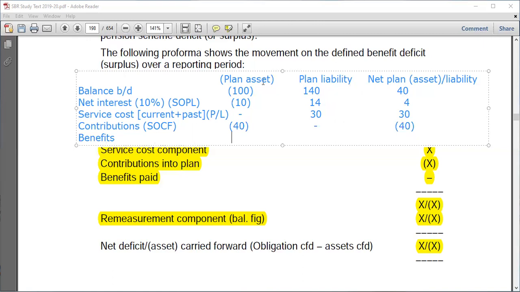Since the plan assets have a negative sign, if I pay 10 out of that, it would be 10 positive here, and then that 10 should be used to extinguish the plan liability. Since the plan liability has a positive sign, to reduce it I would also have to write 10 there. So if you net them, 10 and 10 gives you nil right now. That's why you say in the books benefits paid should be none of your business, because there is a nil value, even if they have been paid, since we present the results in the net form, right?